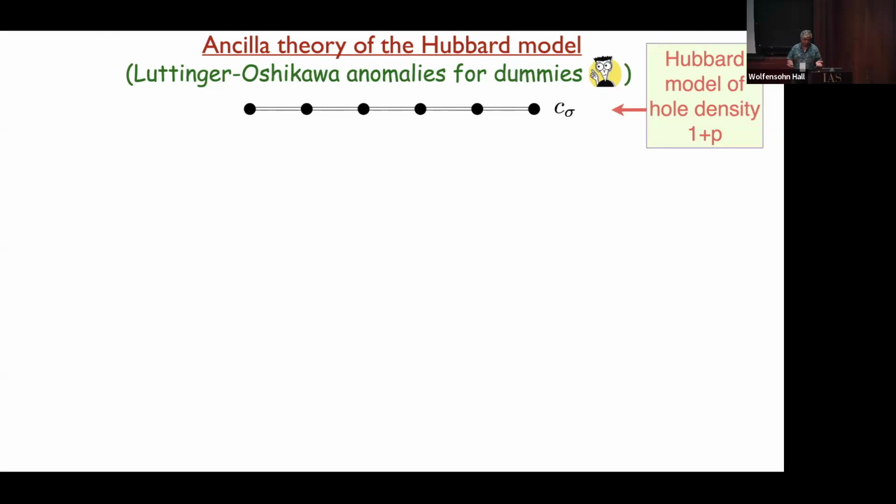But if you have a single band system and you want to violate the Luttinger theorem, meaning that the Fermi surface does not have density 1 plus p, size 1 plus p, then you've got to localize the electrons, but the question is which ones?